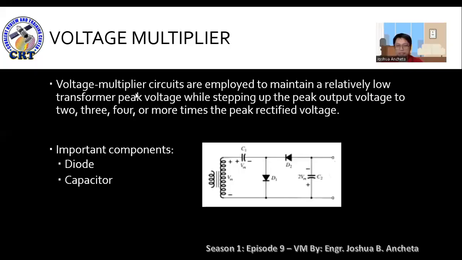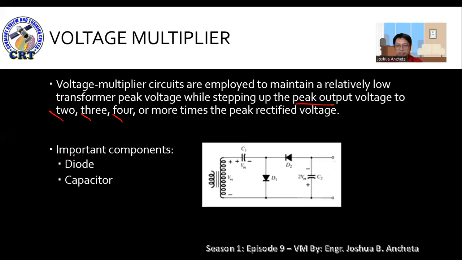So voltage multiplier circuits are employed to maintain a relatively low transformer peak voltage while stepping up the peak output voltage to 2, 3, 4, or more times the peak rectified voltage.